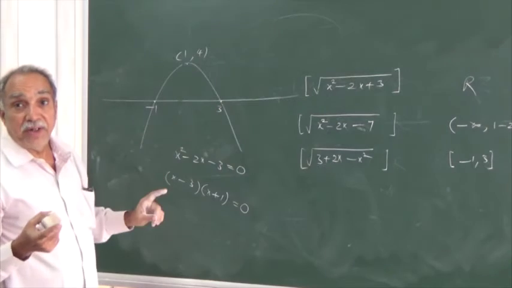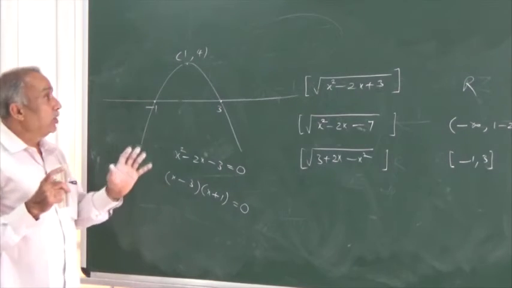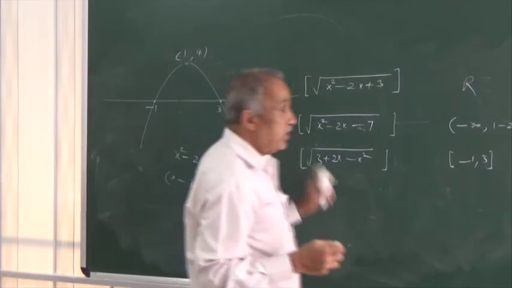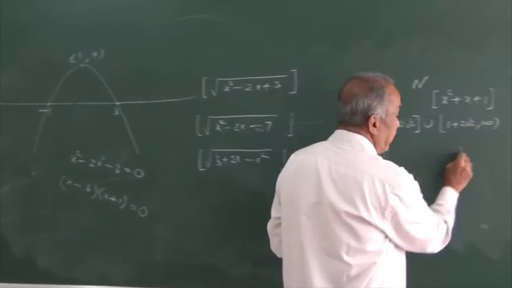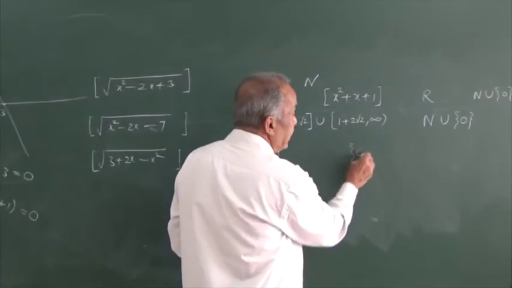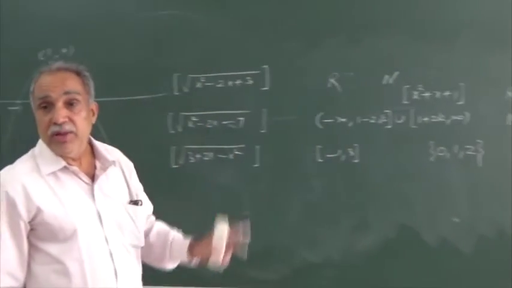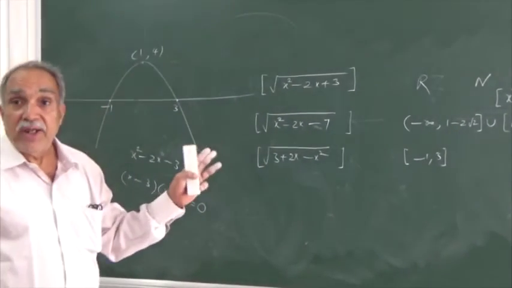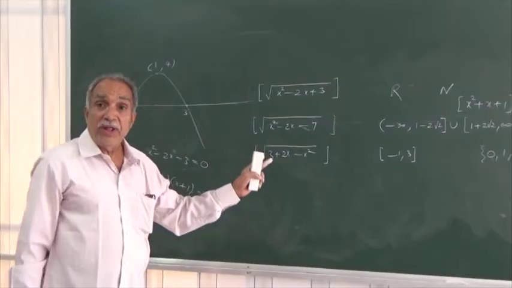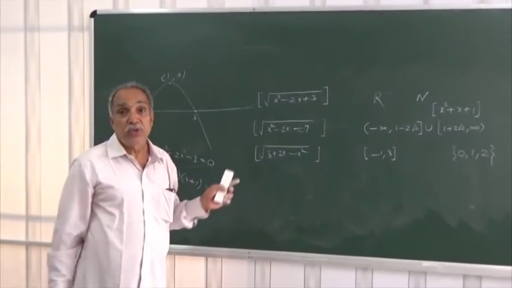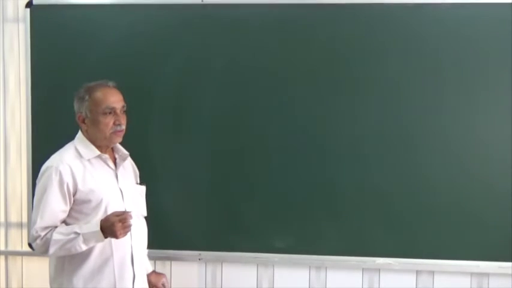Therefore, the integer part will be the integer part of numbers between 0 and 2, including 2, including 0. The set will consist of only a few elements. The elements are 0, 1 and 2. It is a 3 element set. Range becomes a finite 3 element set. Domain becomes a finite interval, the closed interval minus 1 to 3.